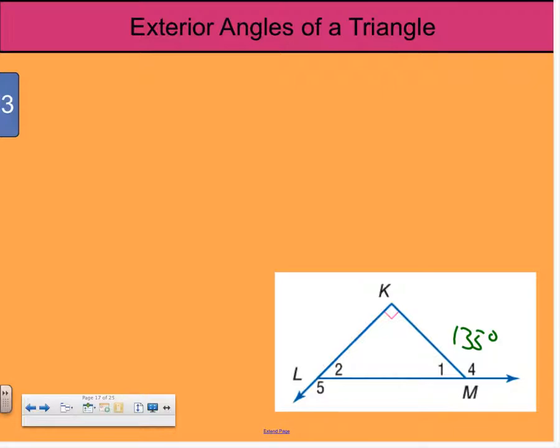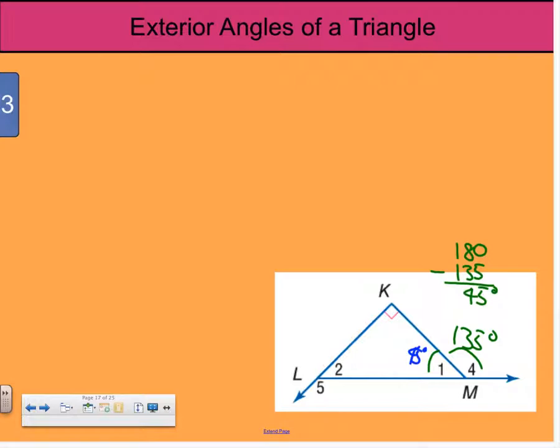The first method, which is probably the easiest because it involves things that we already understand, is to understand that angle 4 and angle 1 together have to add up to 180. So if I know that angle 4 is 135, I can simply do 180 minus 135, and I get 45 degrees. So I know that angle 1 is 45 degrees.